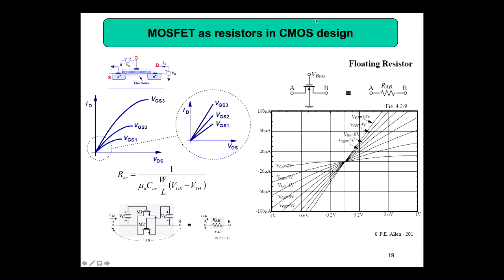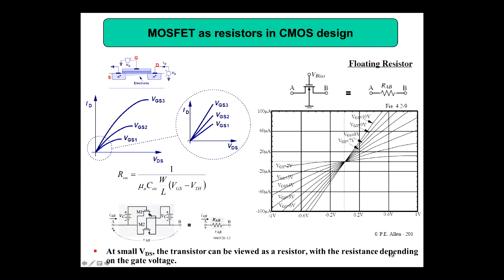They use MOS as a resistor instead of an actual resistor in the chip, and then different values are obtained by applying different gate voltages. And then also you can combine in different topologies like this. Yes, at small VDS, the transistor can be viewed as a resistor with the resistance depending on the gate voltage.